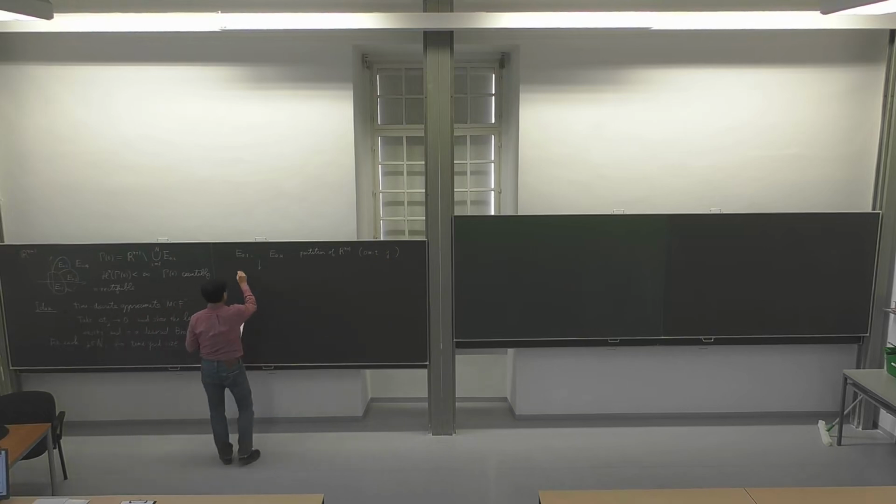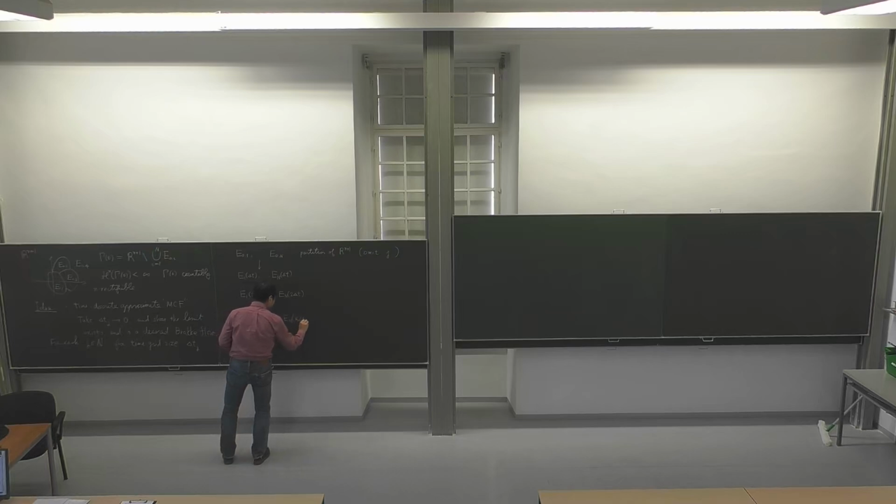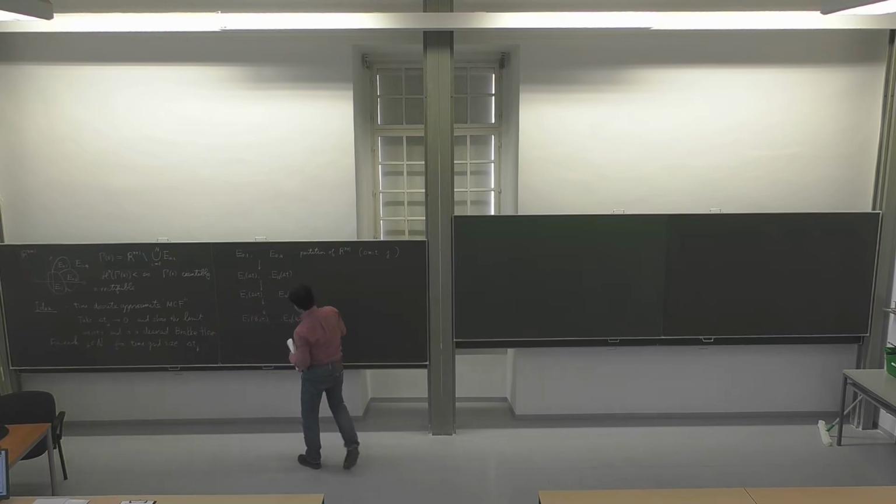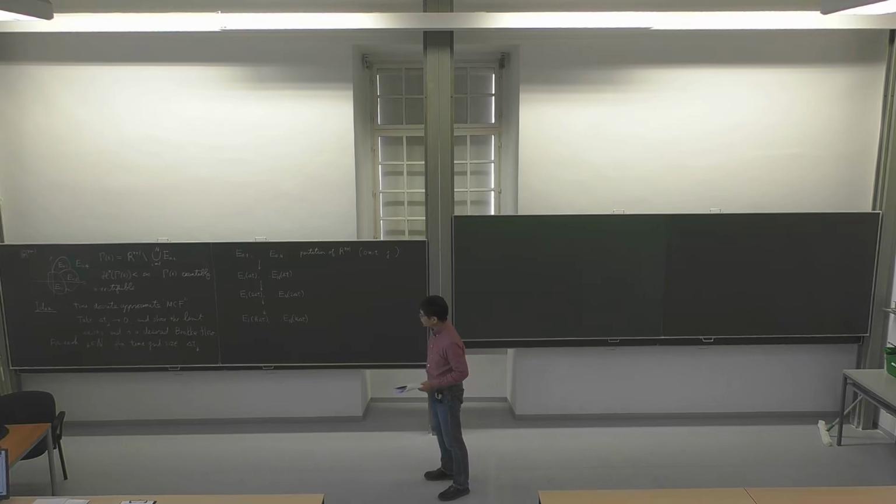So you construct E at delta t and so forth, and these are also partitions, each a partition of R^{n+1}.